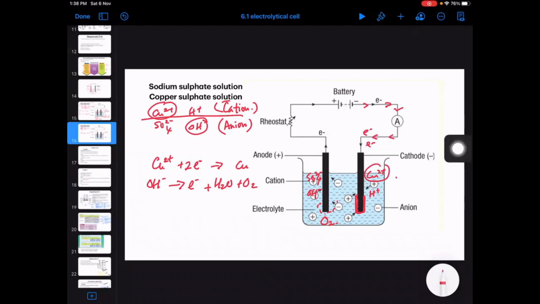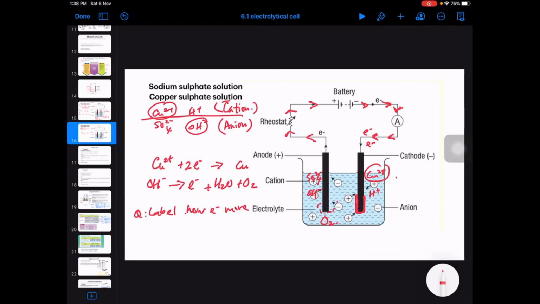But sometimes the question will ask you to label how the electron moves in the circuit. Then you have to draw an arrow like this and show the direction of the electron movement. This one goes up, so from negative to positive. The electron always moves from the negative to the positive.